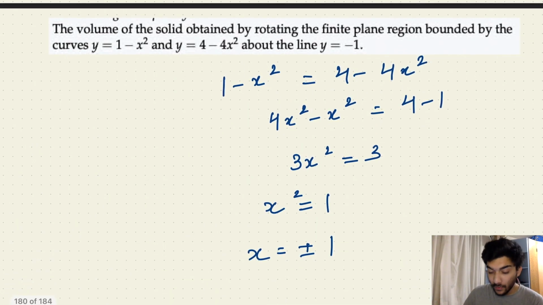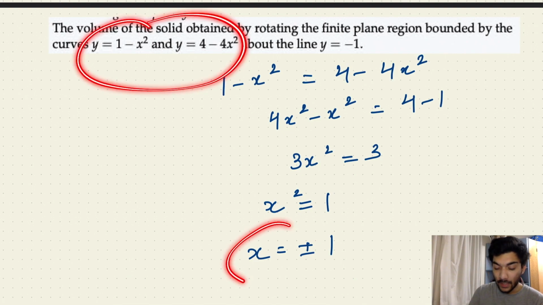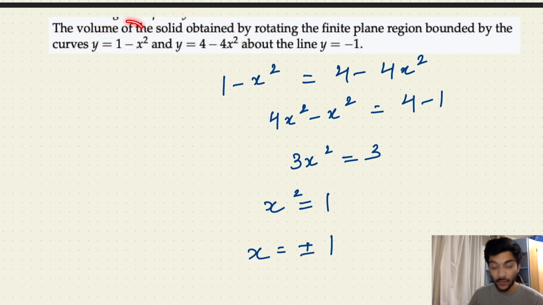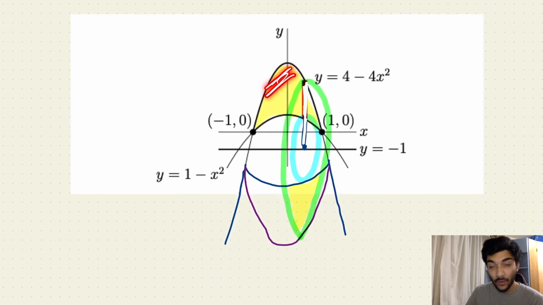So again, a quick overview on these types of questions. When you have two or more curves, you first identify the intersection points. That is what we did first. Then you sketch the graph of both of these functions. You identify the region bounded between both of these curves, and then you rotate the area around your given line and visualize the volume of the region being formed.